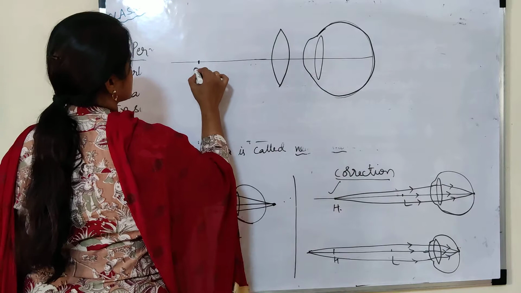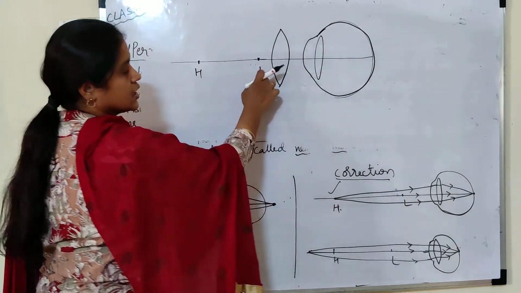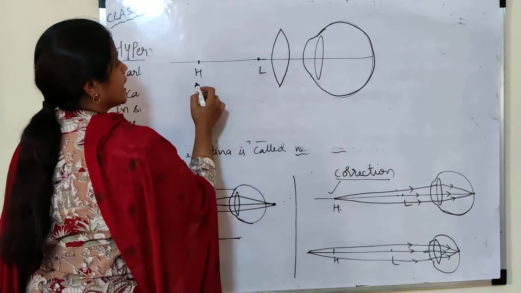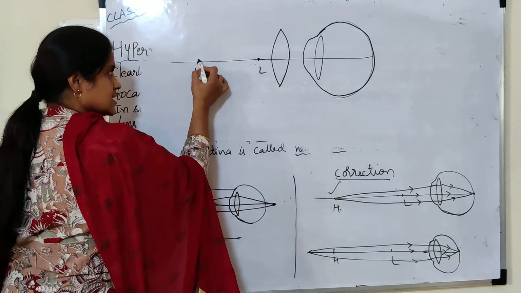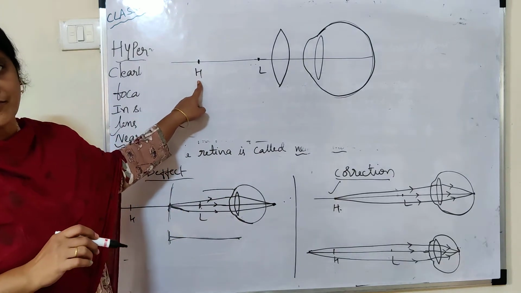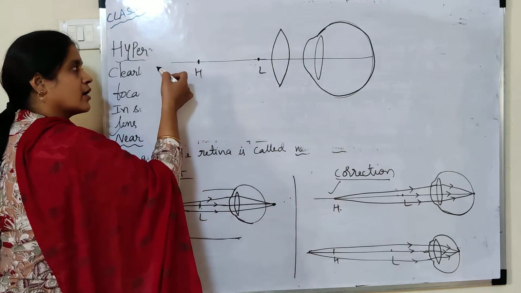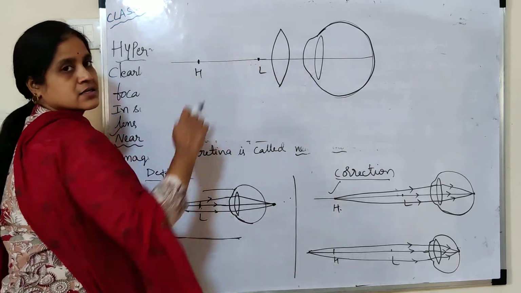This is the least distance of distinct vision for a healthy person, and for hypermetropia this is the near point H. If an object is brought at H or beyond H, then the person can see.